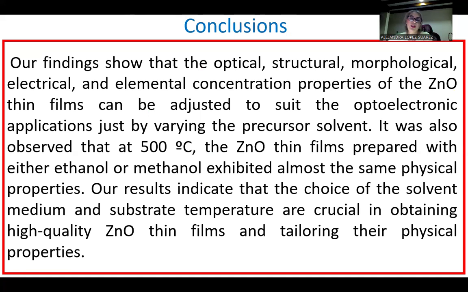It was also observed that at 500 degrees, the zinc oxide films prepared with either ethanol or methanol exhibit almost the same physical properties. This is really interesting. And our results indicate that the choice of the solvent medium and substrate temperature are crucial for obtaining high quality films and tailoring their physical properties.